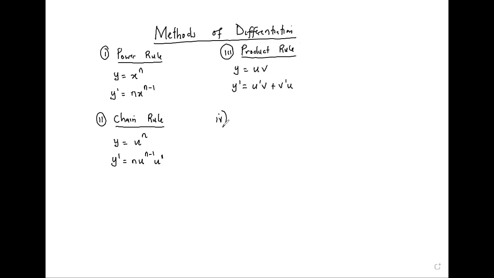The fourth one is quotient rule. If I have y is equal to u over v, the derivative is going to be u prime v minus v prime u over v squared.